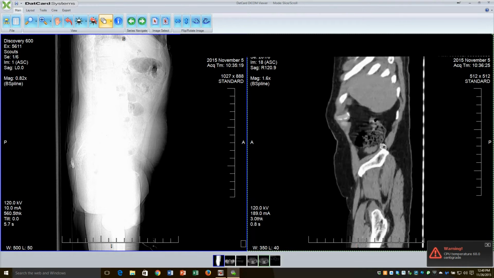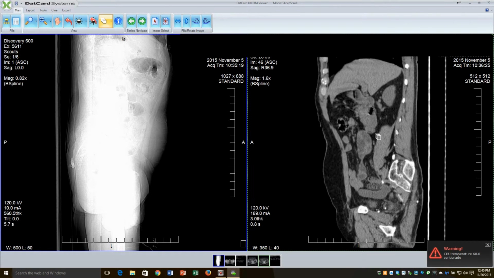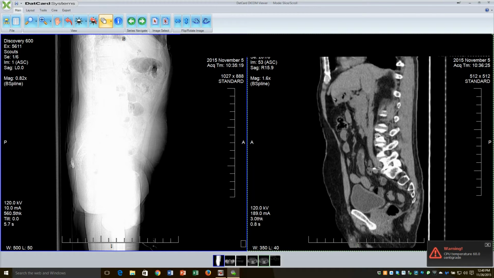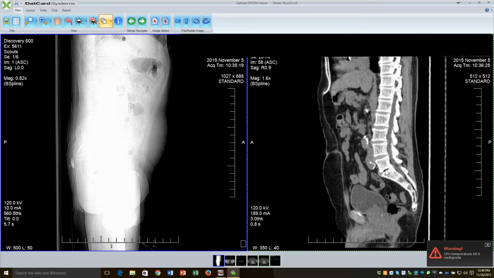So again, in this coronal view, our findings are calcifications in the aorta, air within the disc of the spinal column. This is actually normal as we age. We get some air in there.